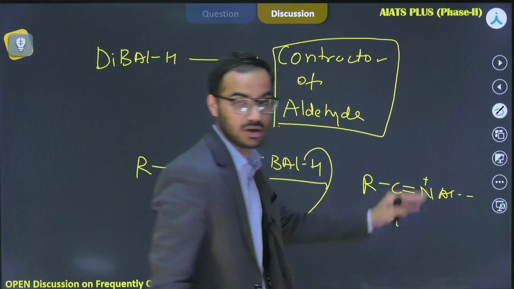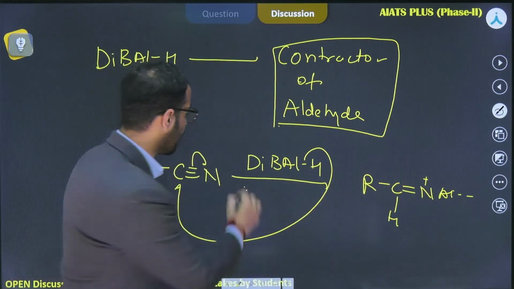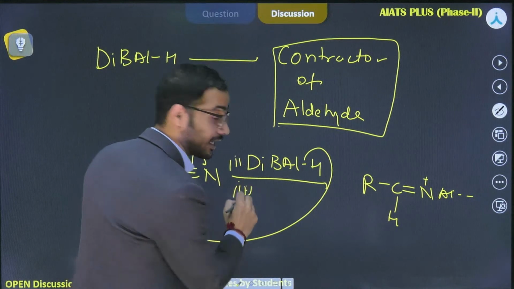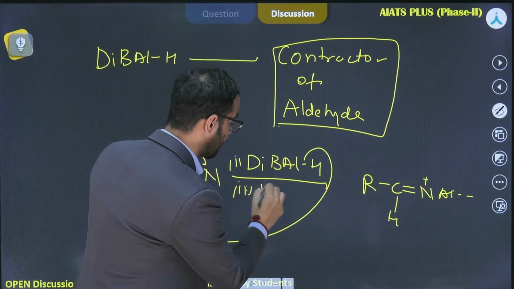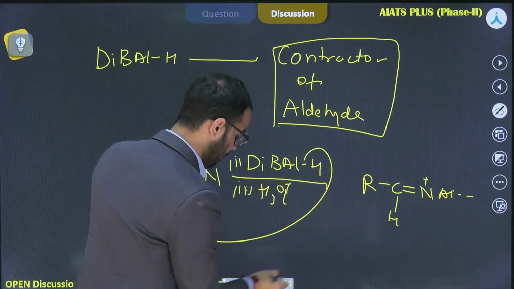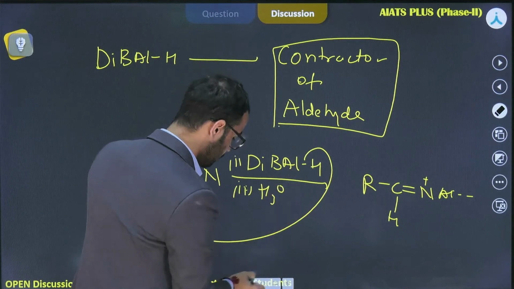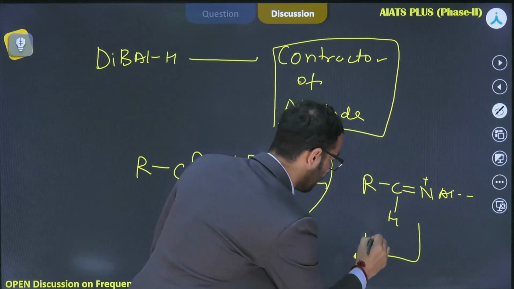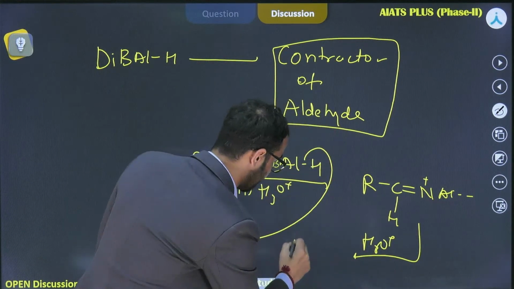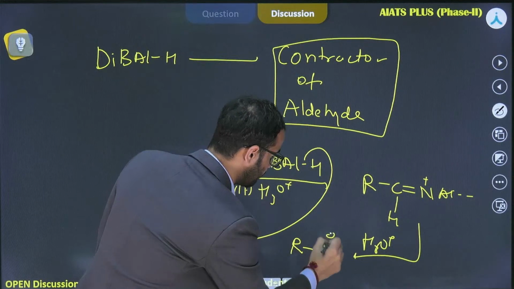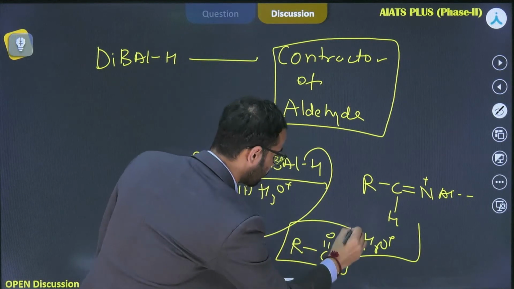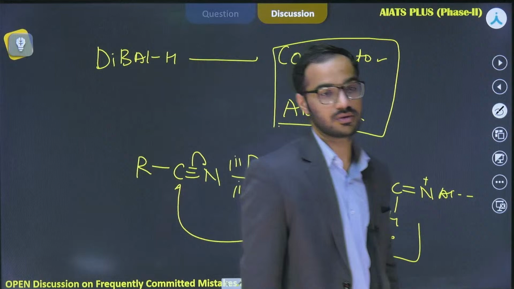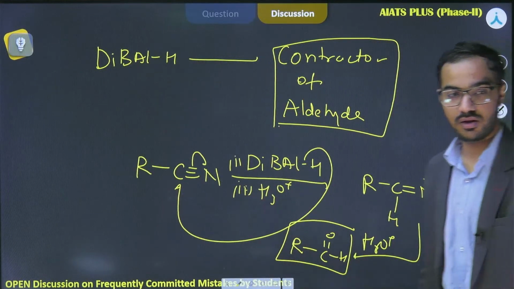There will be the positive. And now this imine will form. This is the first step, and at the second step you will be adding H3O plus. On hydrolysis of this imine with H3O plus, you will get aldehyde. This will be the product. Is it clear to everyone?